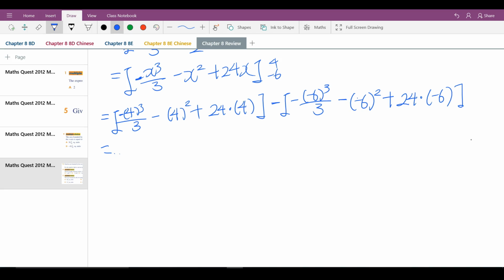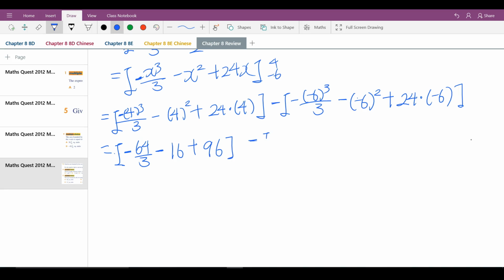Silly little errors can be made by forgetting the signs. Negative, positive, don't make those silly mistakes, it's very costly. So negative 4 cubed is 64 over 3, minus 4 squared is 16, plus 24 times 4 is 96.